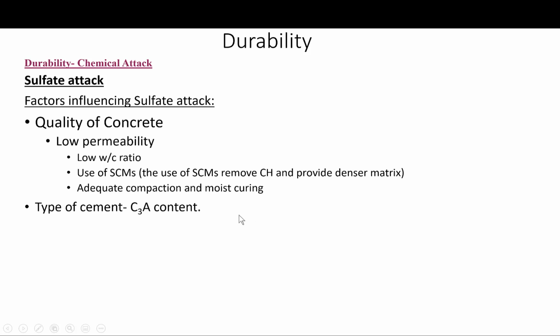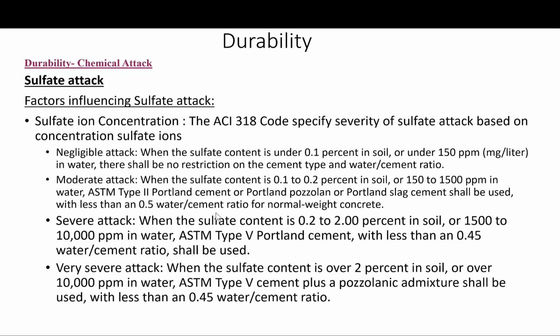Also, the sulfate attack, as you would expect, depends on the aluminates, because they are required for the formation of ettringite. So the cement type, the cement composition, especially C3A content, is very important. Also, the sulfate ion concentration.